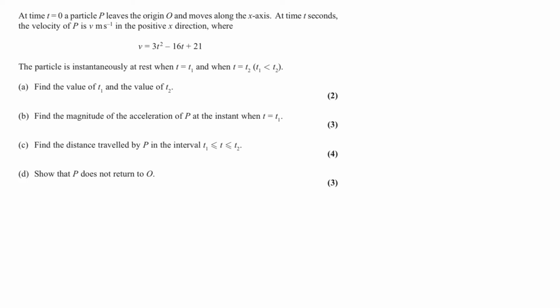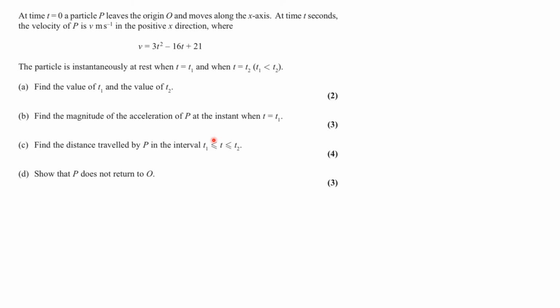Right. Part C. Another distance travelled type question. Like I mentioned before, in a distance travelled question you need to be very careful to establish if there is a t value in between t1 and t2, which we now know is 7/3 and 3.